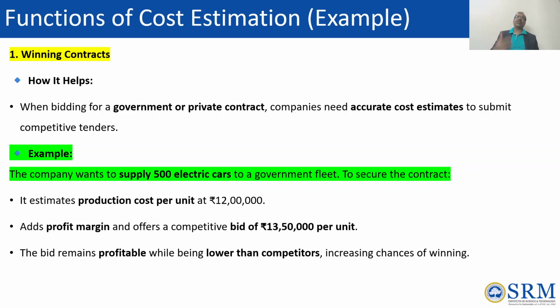Then they will announce that anyone can bid, but they specify the specification, requirement, and functionality requirement from the product, or what is the design or requirement. All the spec they will be giving, but for that they will be asking for bidding or quotes from other suppliers or vendors and all. Okay, so companies need accurate cost estimation to submit competitive tenders.